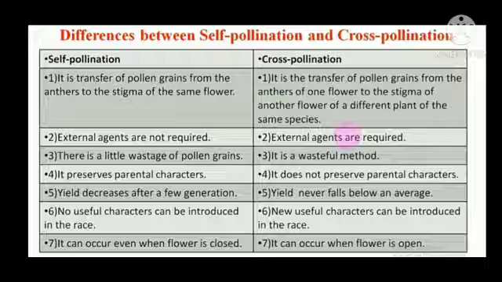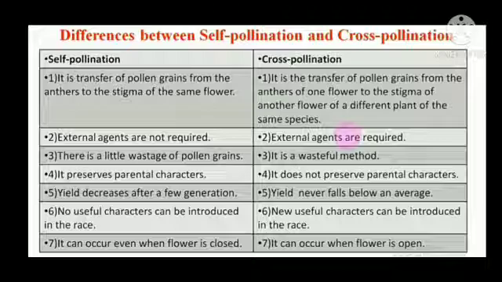Now your fifth point: yield decreases after a few generations, meaning production of crops generally falls in successive generations in self-pollination. While in cross-pollination, yield never falls below an average. Actually, the production of crops by such seeds is very high and never falls below an average minimum.